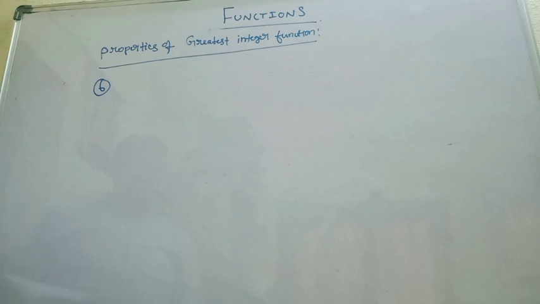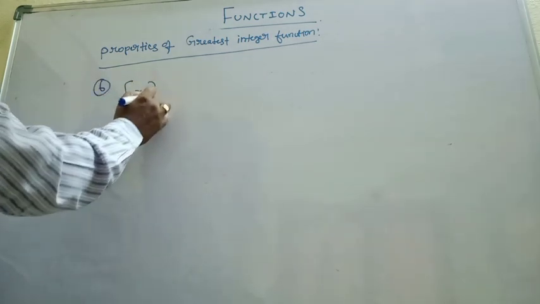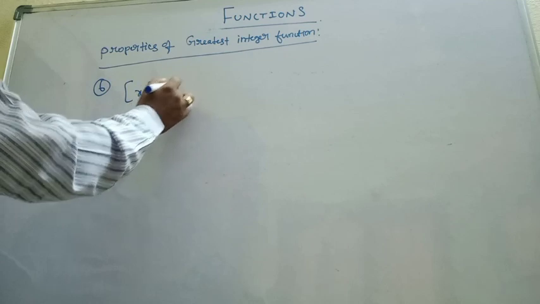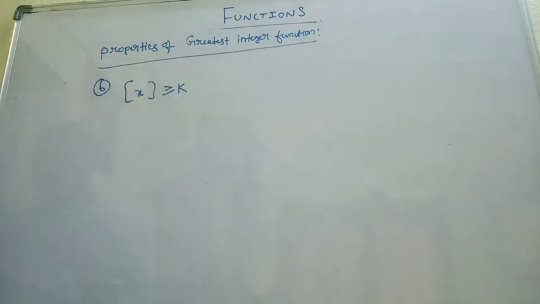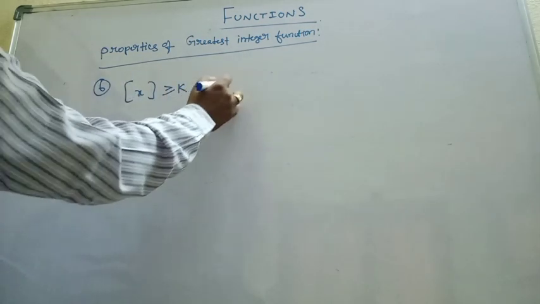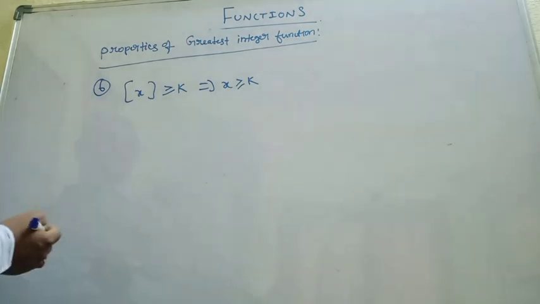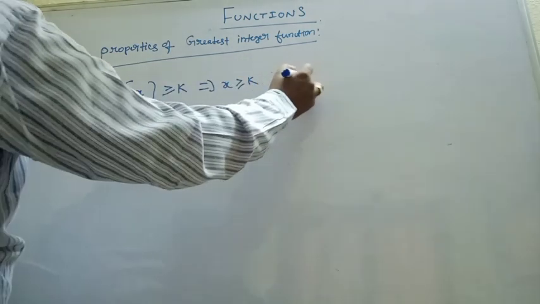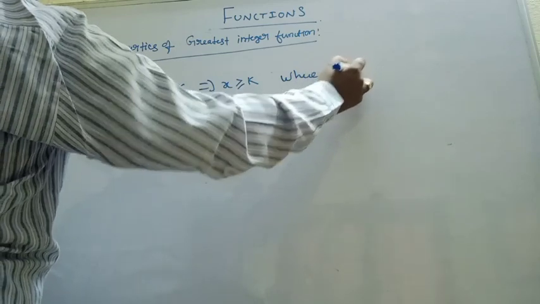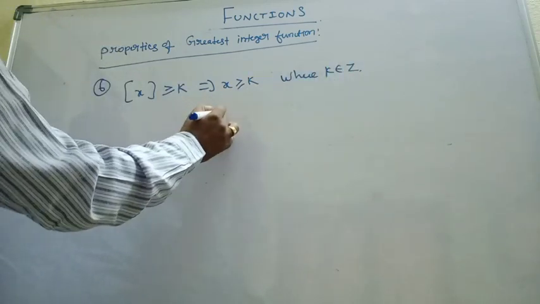Next we have another sequence of properties. If floor x is greater than or equal to k, that implies x is greater than or equal to k, where k belongs to Z. You can easily observe that. You take k equal to some number, for example 5.